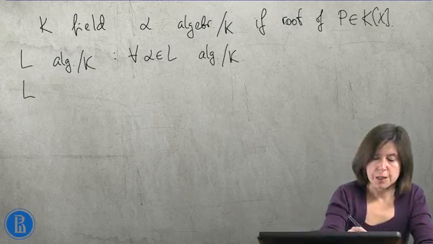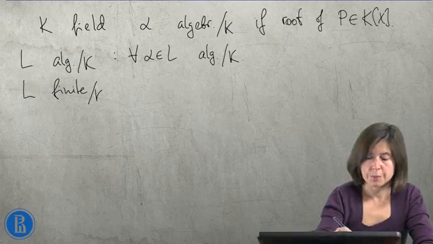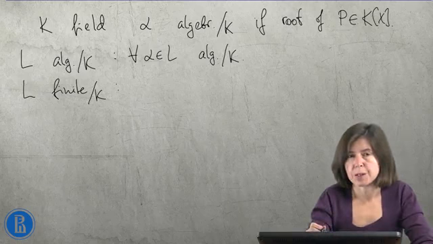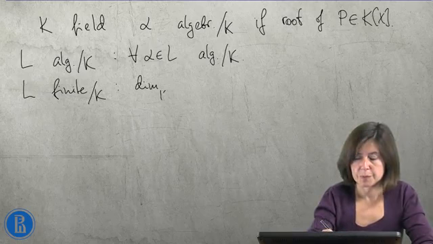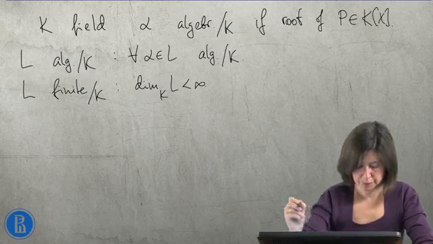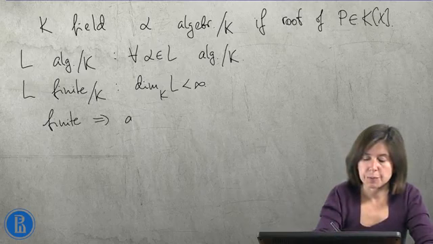We said that F was finite over K if it was a finite dimensional K vector space. We have seen that finite implies algebraic.